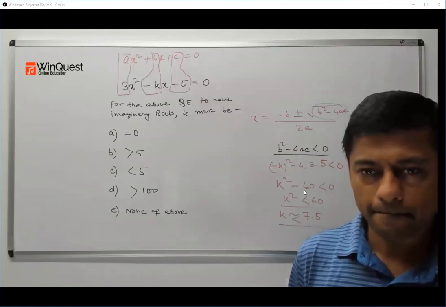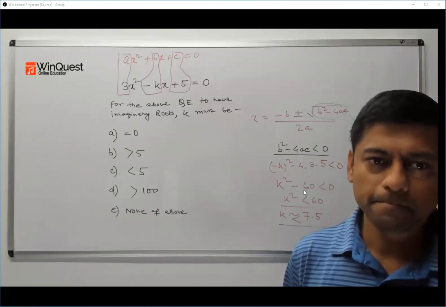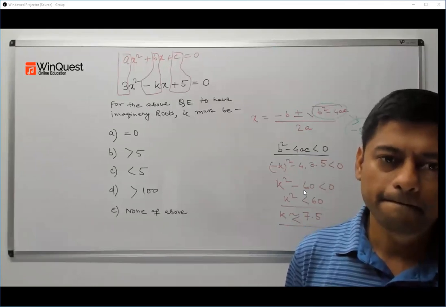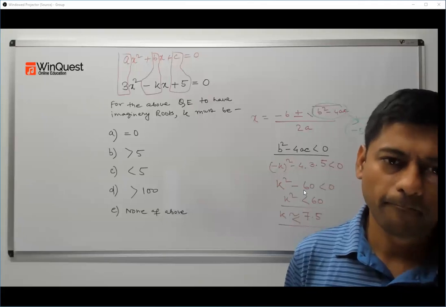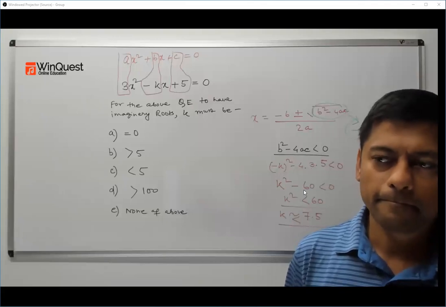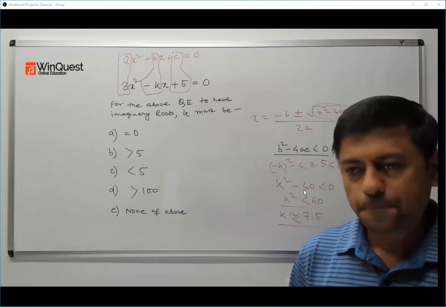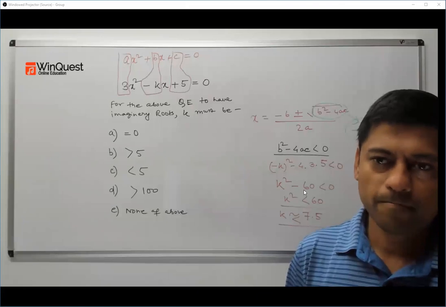C is wrong because it's less than 5, so that could go into negative numbers. If you take negative 12, for example, negative 12 times negative 12 is 144. So 144 is greater than 60, so that would be imaginary roots.